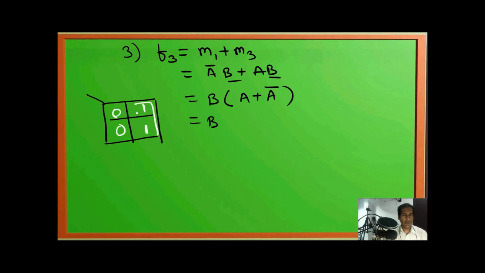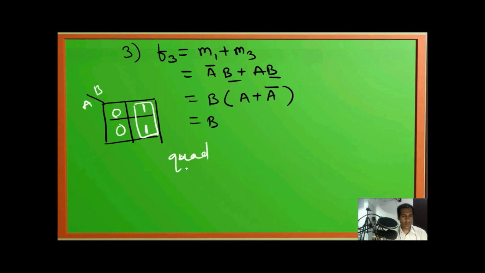So we have to make a combination of these two. This is A, this is B. These two squares adjacent to each other can be combined to form a group. A 4 square eliminates 2 variables. A 4 square is called a quad.